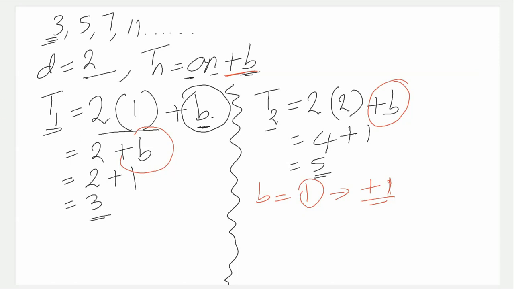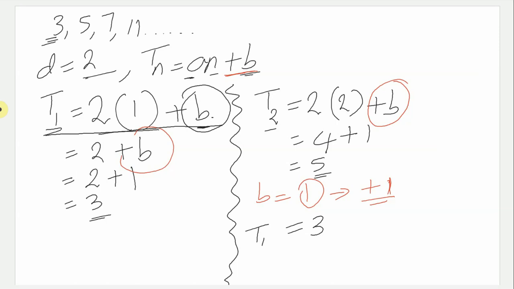I'm gonna do the same thing here and say that T1 is 3. We know that T1 is equal to 3, right? So I'm taking this over here, and then I'm gonna substitute this T1 by 3.